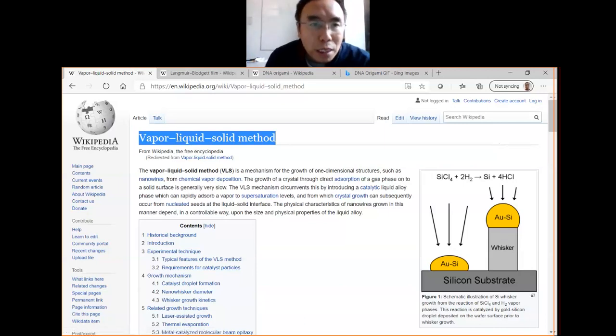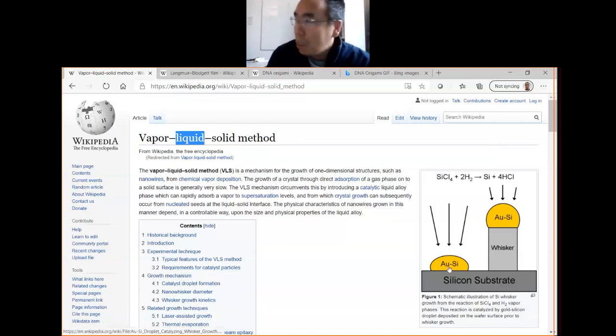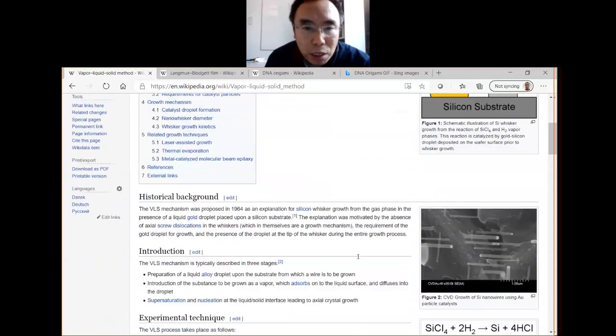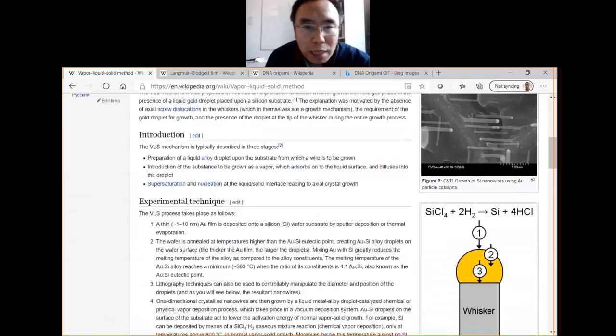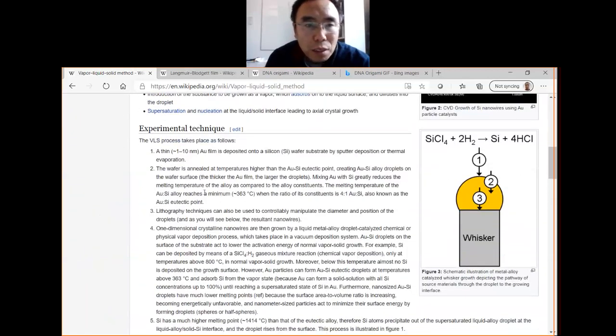So where does this liquid come from? Why do we have this liquid? We know that silicon melts at more than 1,400 degrees. Gold melts at a little bit over 1,000 degrees. But we have this gold silicon alloy, and it melts at a much lower temperature. I think this gold silicon alloy can melt at only 363 degrees.